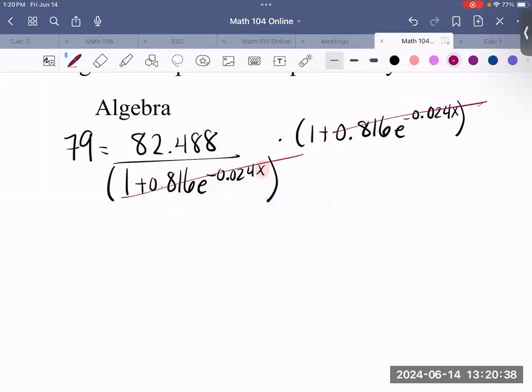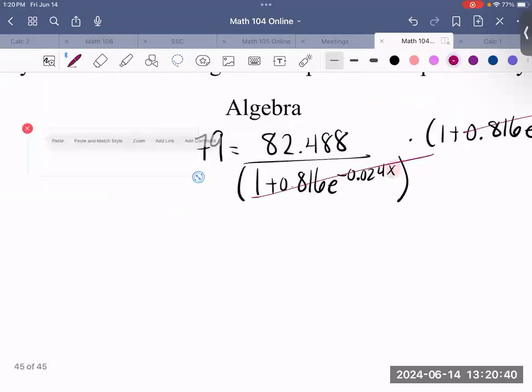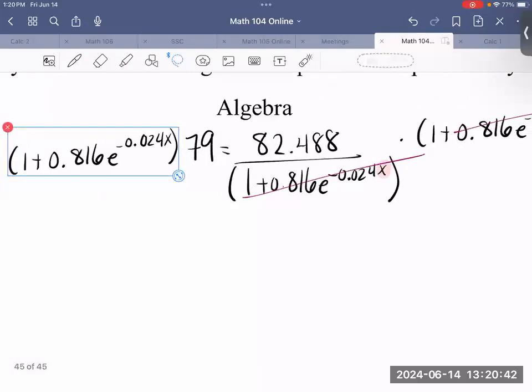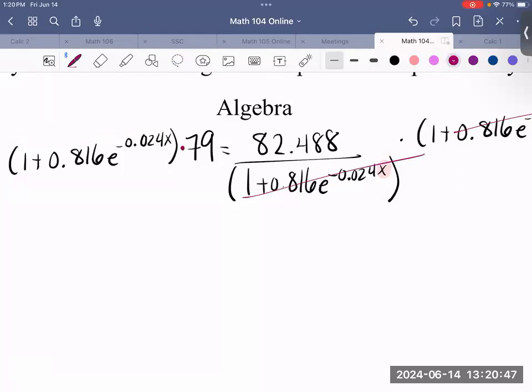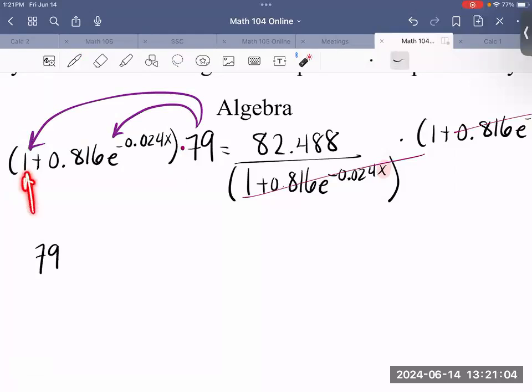It cancels out with one side and you throw it over to the other side. So now you get to multiply. Okay, algebra tells you to do what next? Well, you can go ahead and distribute that 79 if you want it on both sides. So we can go ahead and multiply 79 to this value, to 1.